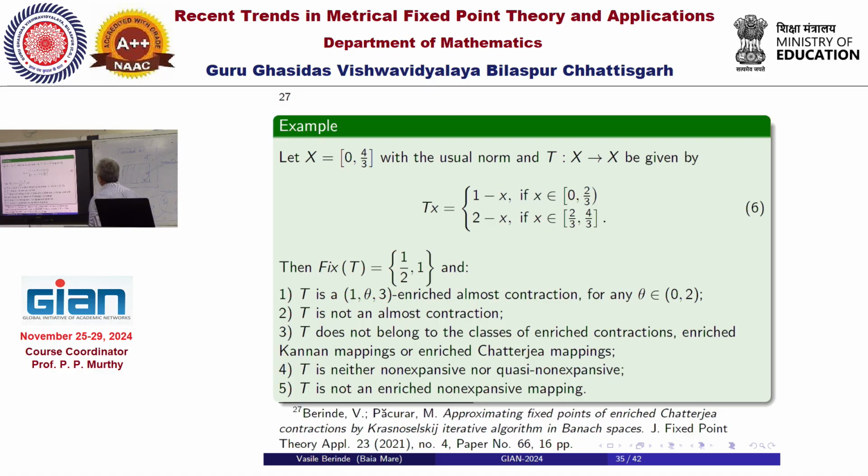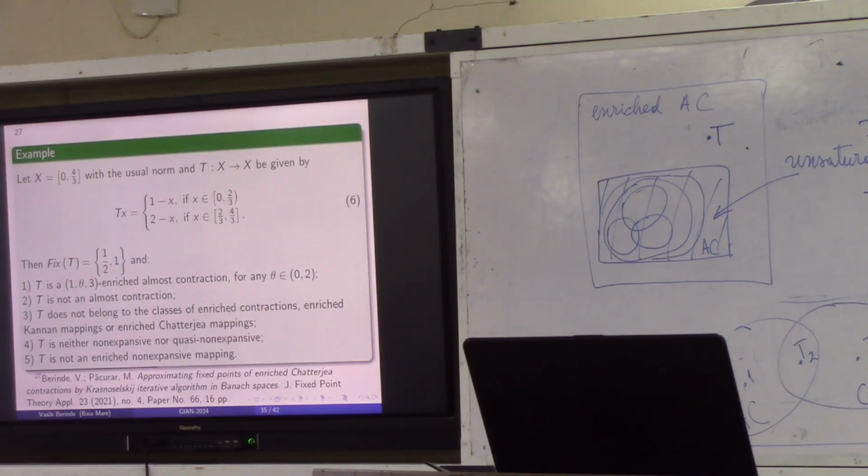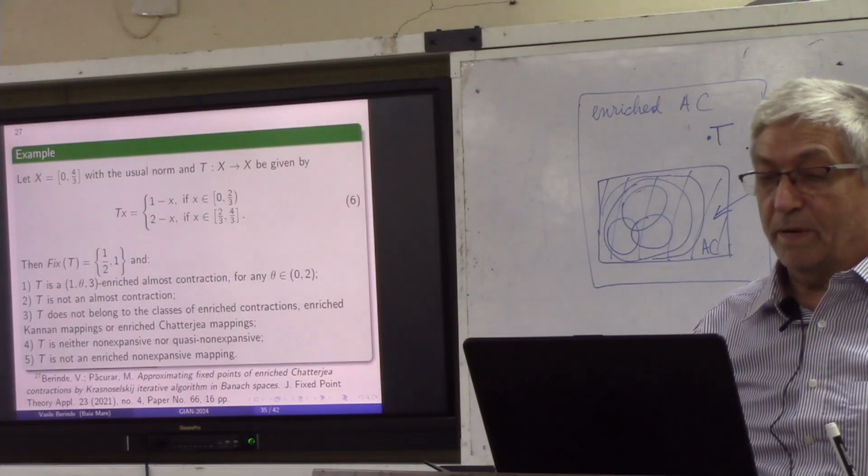It is not even enriched Ćirić, so it is a very general class. Here are Banach, Kannan, Chatterjea, Zamfirescu, which includes all, and there is Ćirić, strong, and so on. All are included here, and this class is overall, comprising all these classes of mappings.